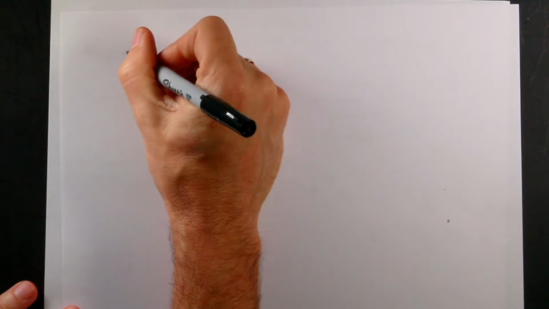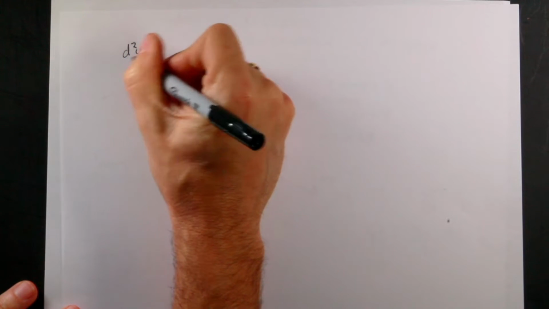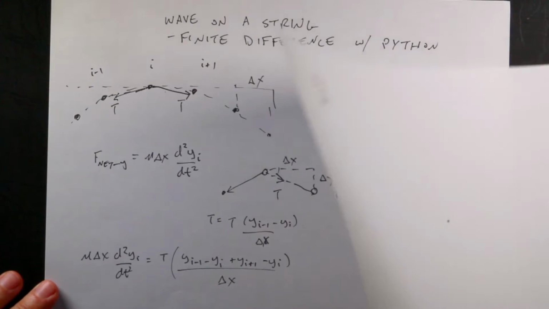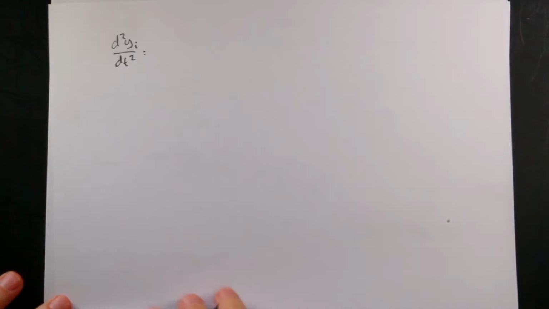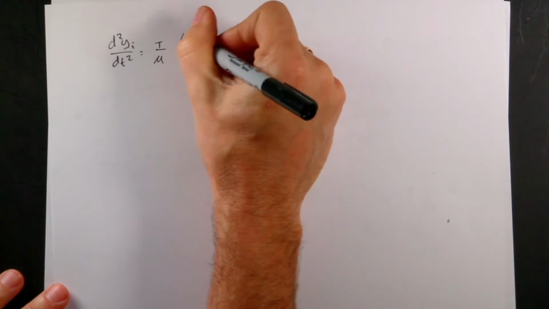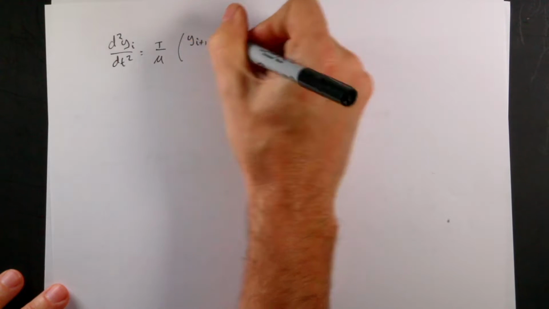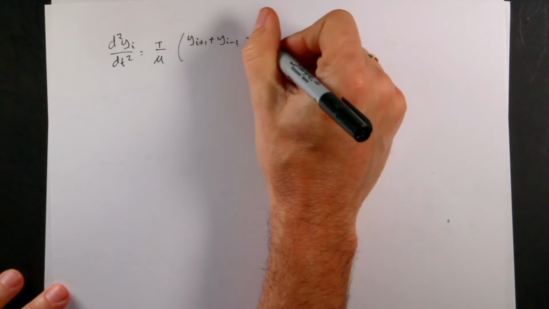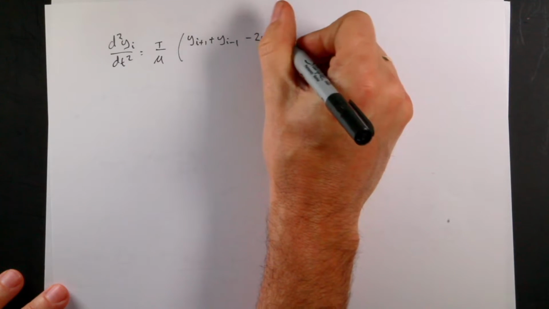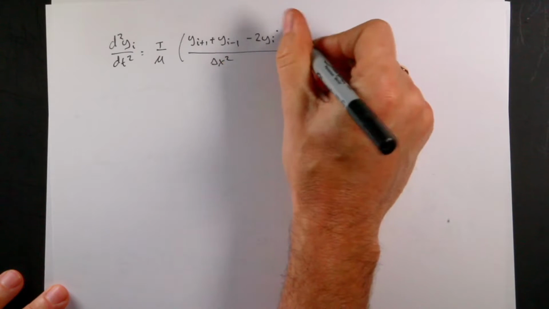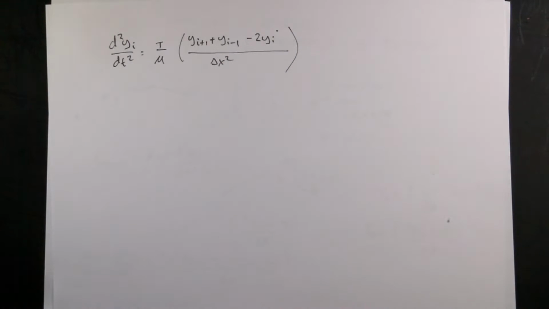I get the second derivative of yi with respect to time is T over mu times yi plus 1 plus yi minus 1 minus 2yi, all of that over delta x squared. Okay, so that's what I have.